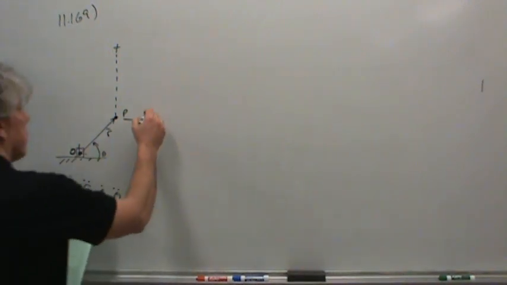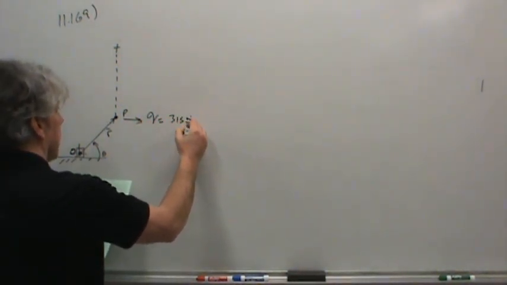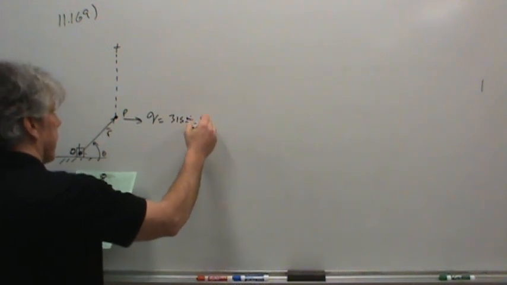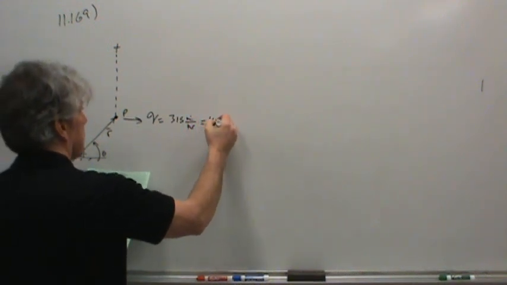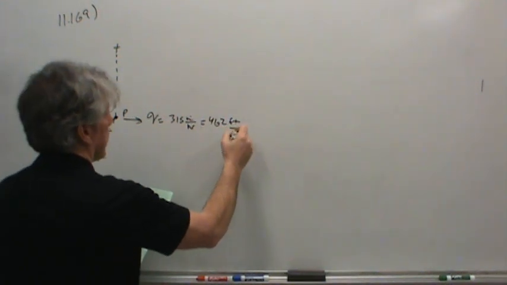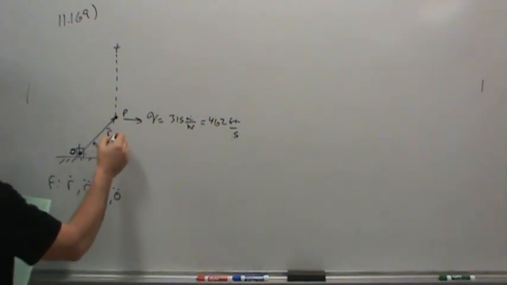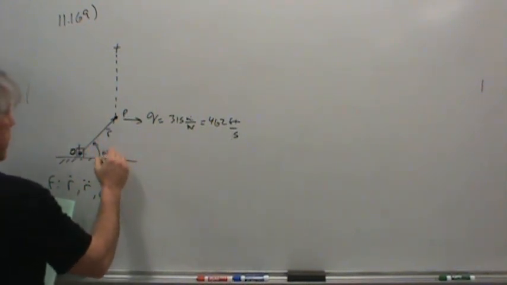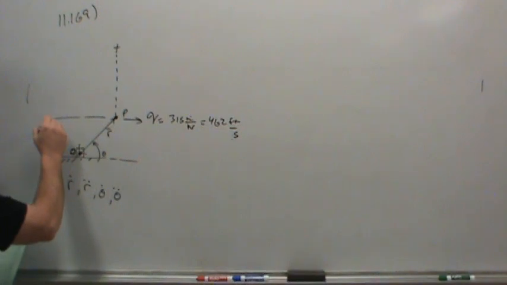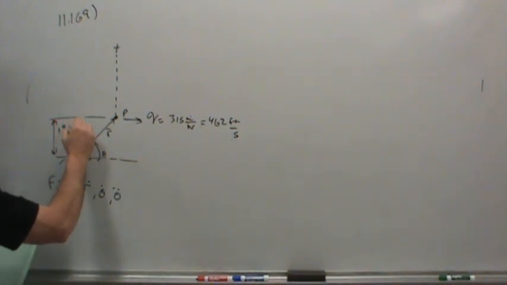Now at this point, the velocity of the plane is 315 miles per hour. I went ahead and converted that and found that to be 462 feet per second. That's what I computed. Hopefully it's right. The plane we know is also off the ground 1,800 feet.